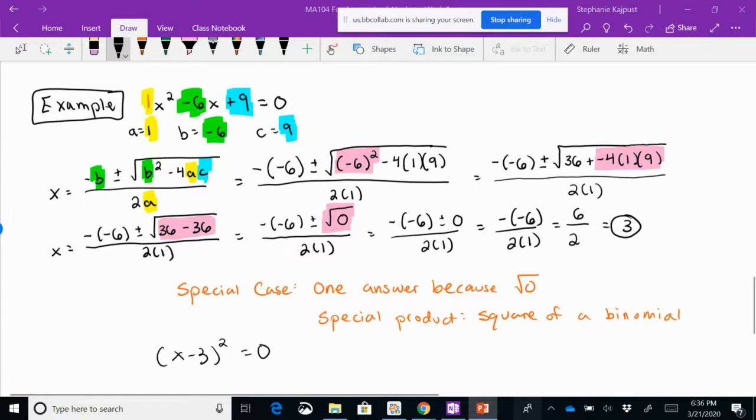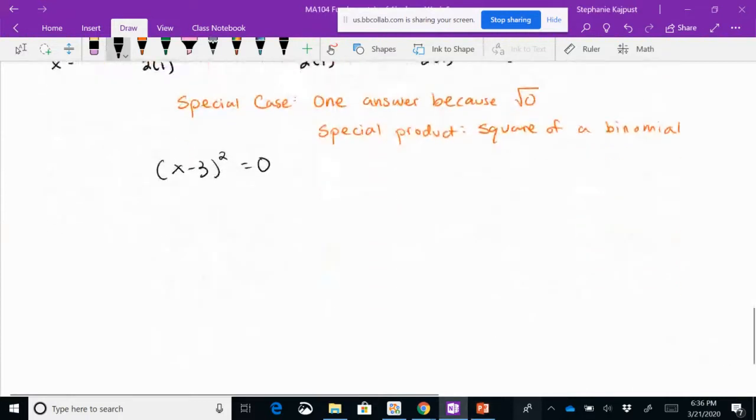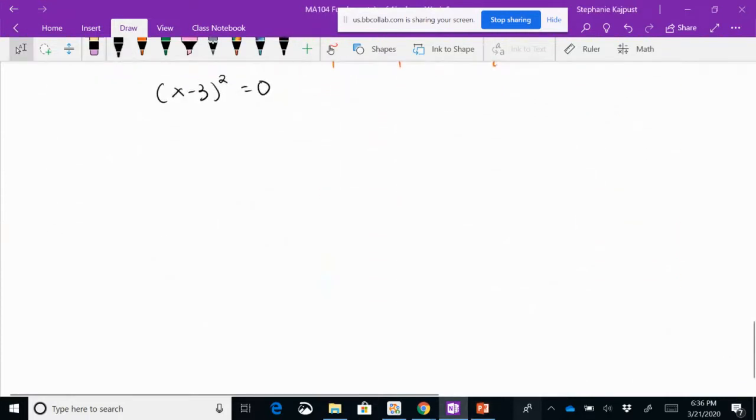Okay. I have another example, and this one's going to give us decimals so that you can see what you do when you have decimals. So we have 2a squared plus 5a equals 1.